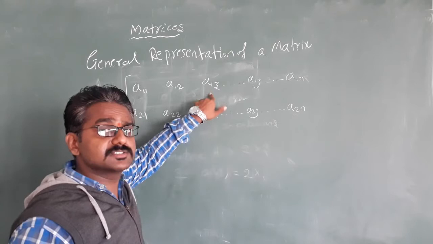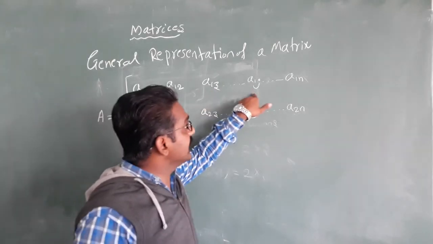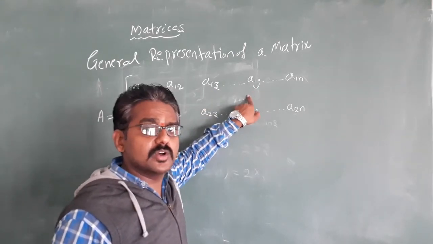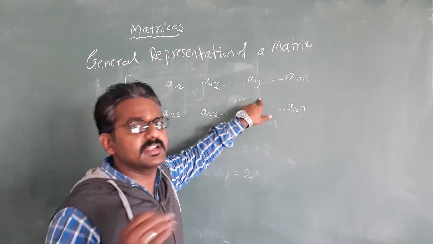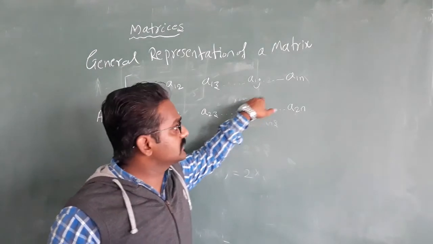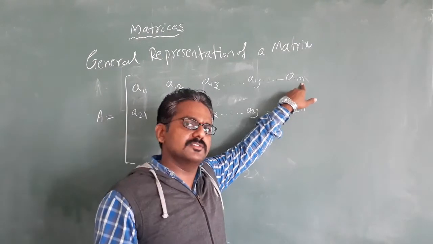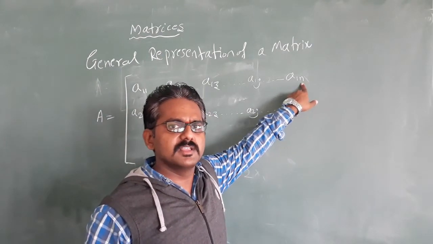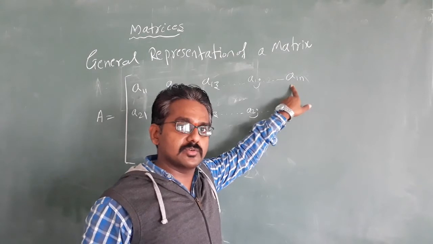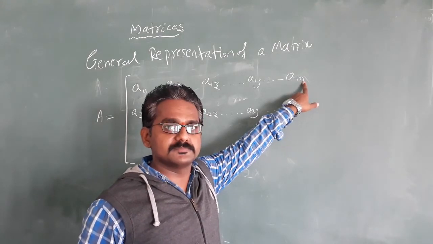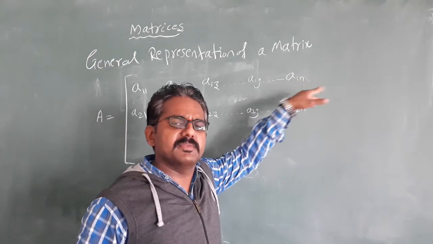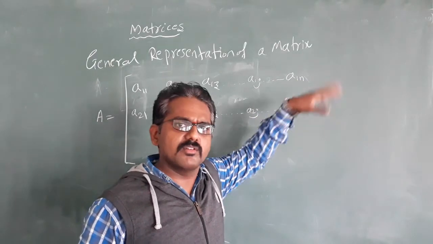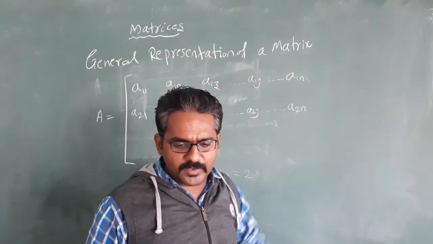A13 means first row, third column. Likewise, A1j, first row, jth column. j may be 5, 6, 7, 8, 9, whatever the number of columns. Next, the nth, the last value, you don't know, whatever the value you can mention. A14, first row, fourth column. Or A15, A16, A1 10, you can mention any values. It will go on. Okay, got the point?